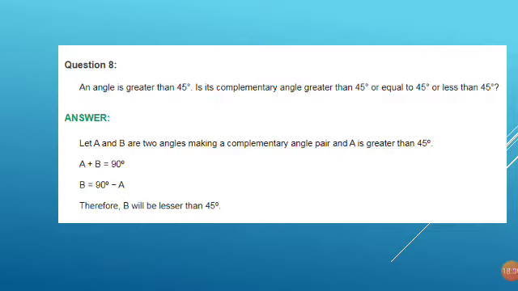Let A and B be two angles making a complementary pair. A is greater than 45 degrees. A plus B equals 90 degrees, so B equals 90 degrees minus A. It will be less than 45 degrees. B will be less than 45 degrees. Correct?